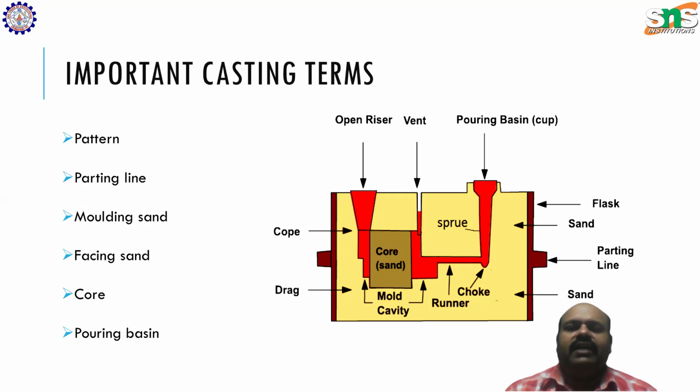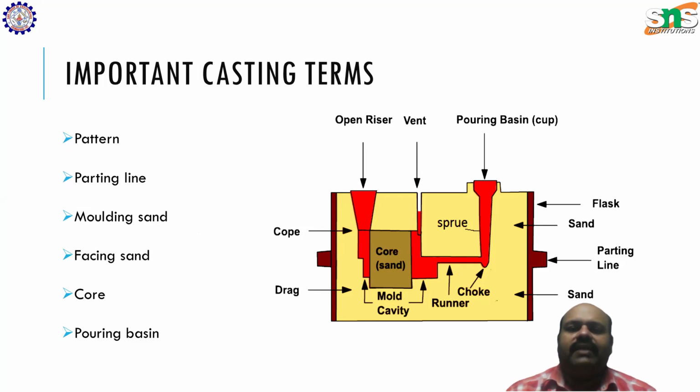So we have a block diagram or a sectional view of the casting box. The bottom of the box is called the drag, and the top of the box is called the cope, and we have an open riser, and there is a vent for air and air bubbles to come out, and there is a pouring basin.